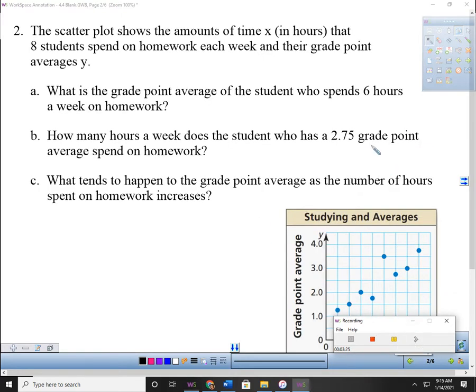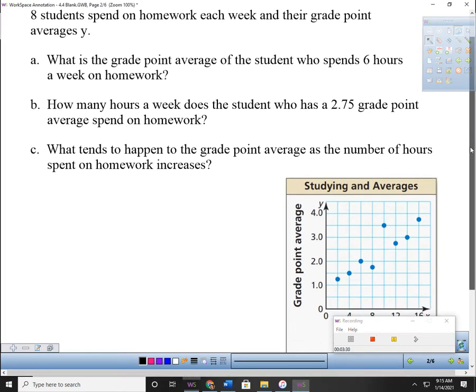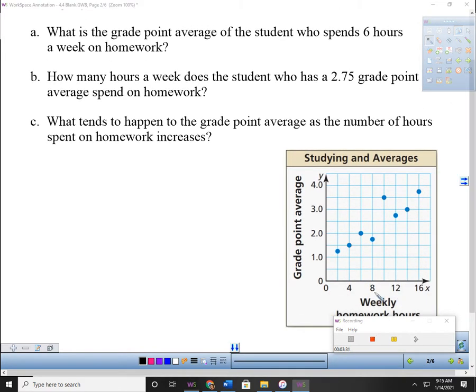All right, this scatter plot shows the amounts of time, X, in hours. So down here, we have time values in hours, right? So this would represent 4 hours, 8 hours, 12 hours. And if you're looking at your tick marks, you're counting by 2s, right? 2, 4, 6, 8, 10, 12. All right.